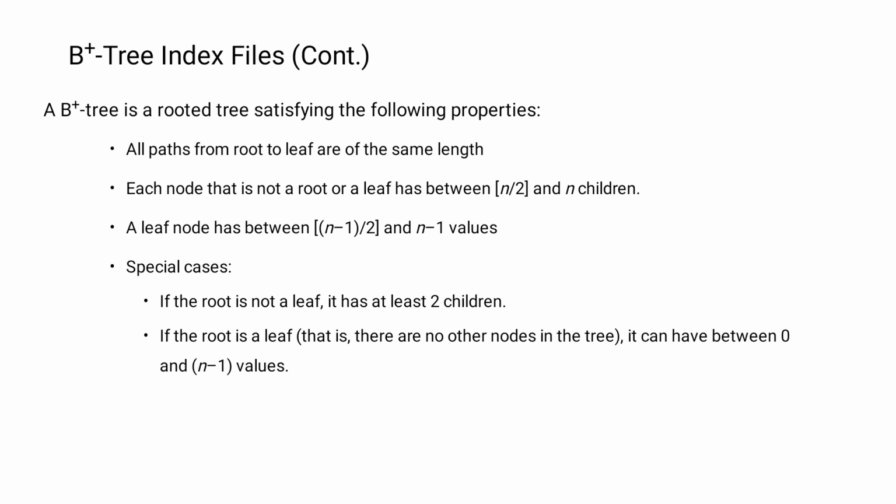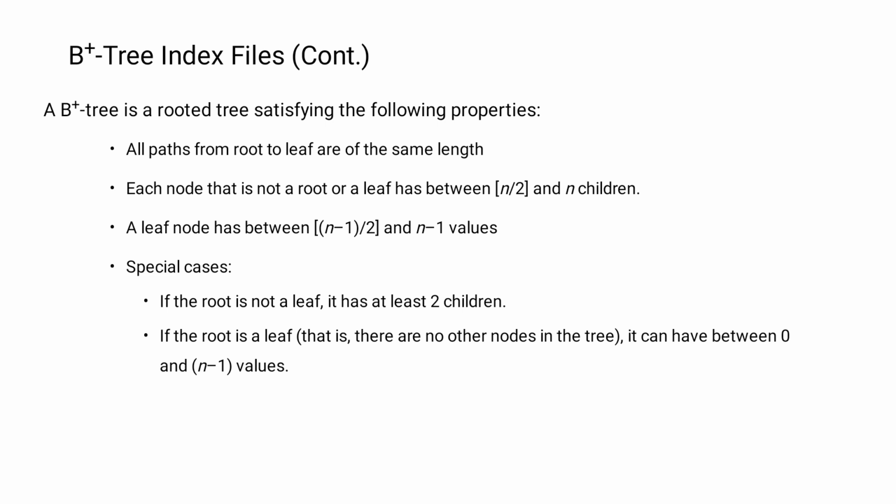The non-leaf nodes of the B+Tree form a multi-level index, that is, a sparse index on the leaf nodes. A non-leaf node may hold up to n pointers and it must hold at least n by 2 pointers. The number of pointers in a node is called the fan out of the node.